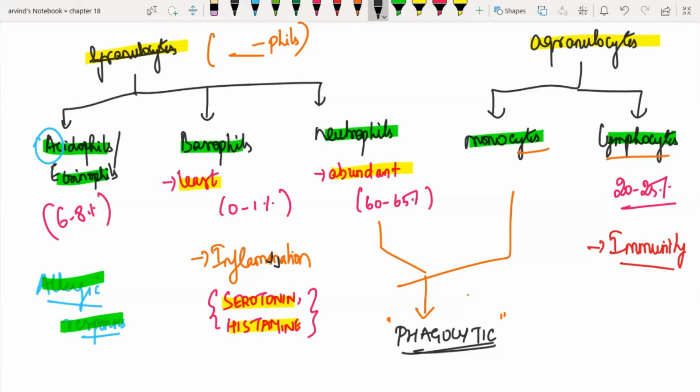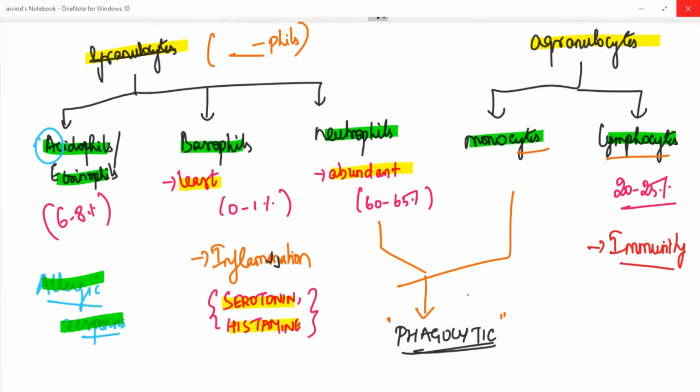So in the initial phase of injury, neutrophils are going to be phagocytic. In the later stage, mostly in the tissues, we have monocytes. So a tissue phagocyte or tissue macrophage, I can very well call a monocyte, and the first level phagocytic cell is going to be the neutrophil. So first neutrophil followed by monocytes. Just remember it like this. These are the functions of different types of WBCs.